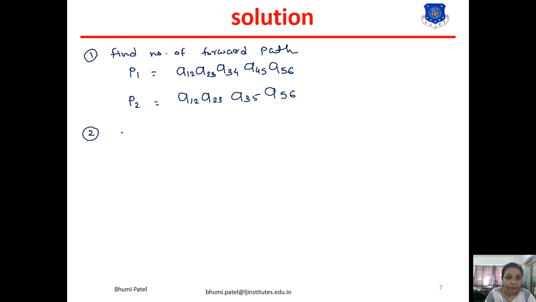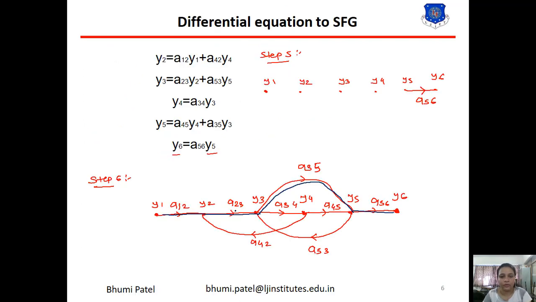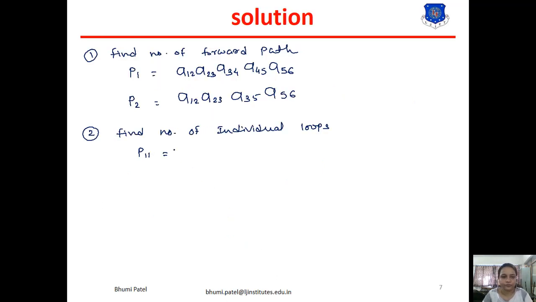So step number 2 of Mason's formula is to find the number of individual loops. Okay, so the first loop P11 is equal to, this is the first loop of this system, a23, a34 and a42.